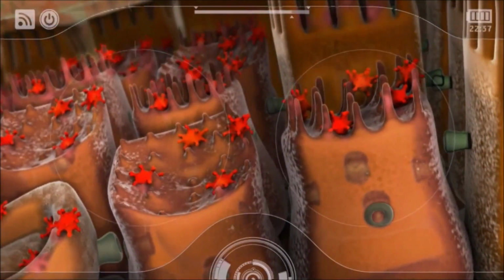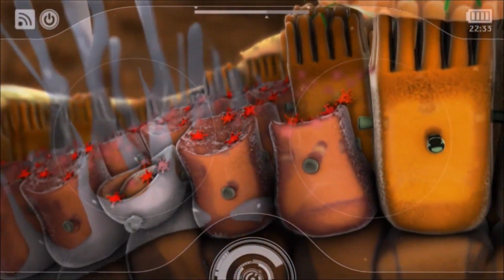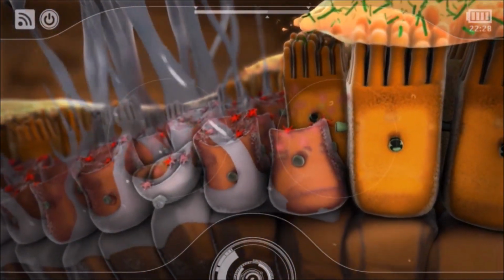Infected epithelial cells die faster than normal cells. The resulting lesions cause a transient imbalance between input and output due to an increased intestinal permeability.